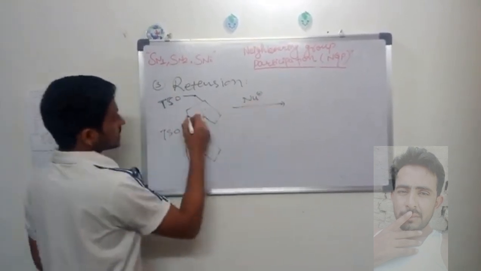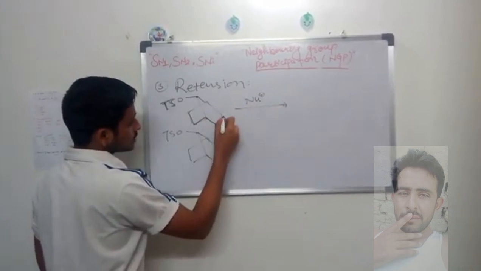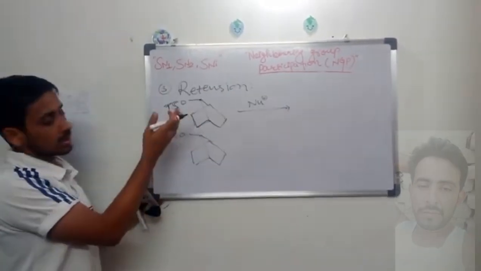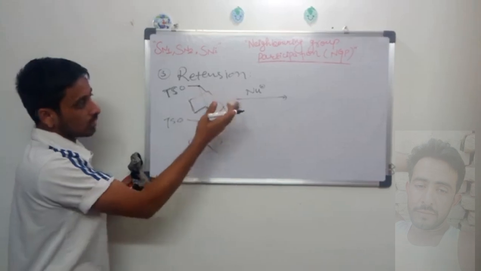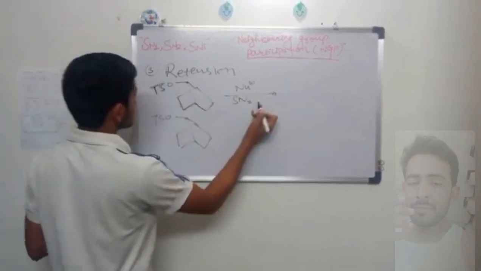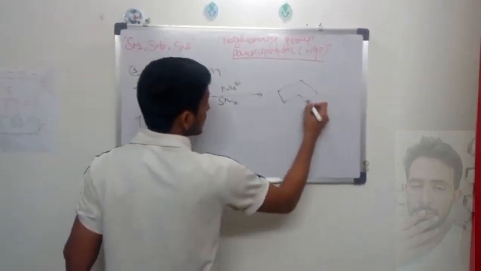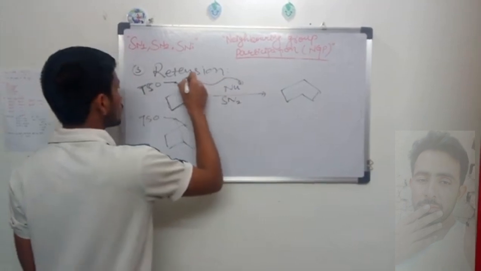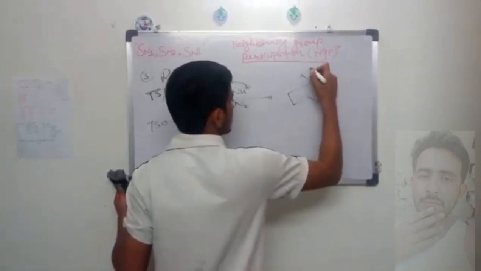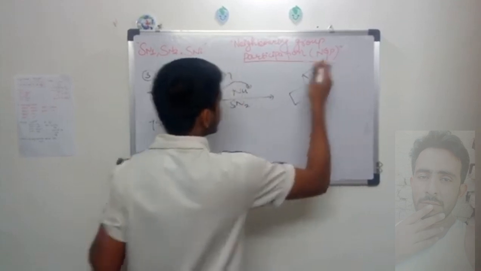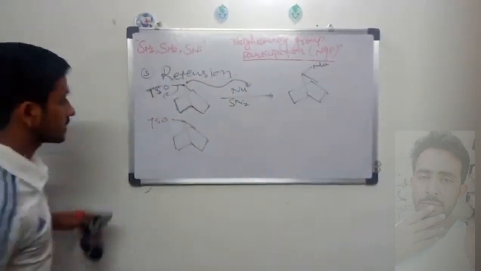In that case, there is no group present in this molecule to behave as a neighboring group, so it will go via a simple SN2 reaction. In SN2, as we know, the group will attack from the back side and inversion of configuration will occur. So the group will come here. So in that case, there is an inversion of configuration.